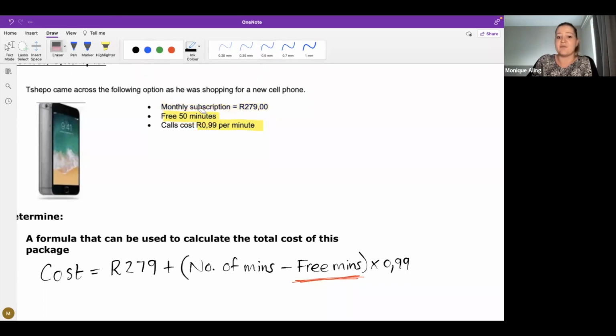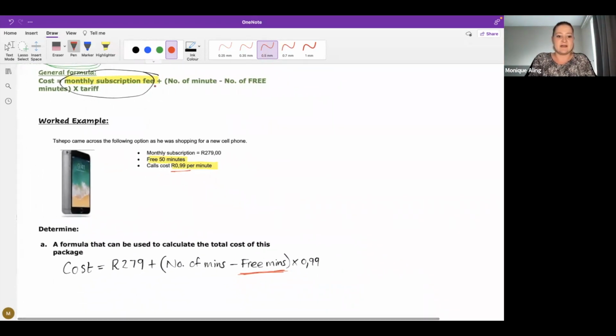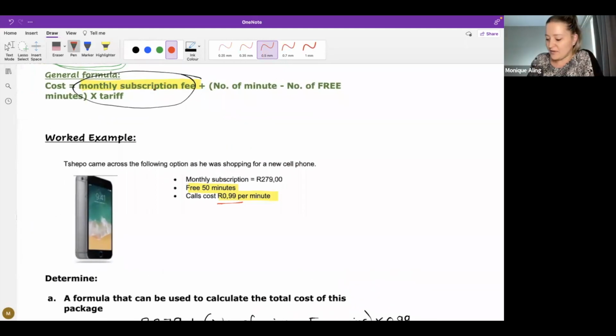It can change based on the question. In this specific instance, they said it's going to cost 99 cents. But in the general formula, we called it the tariff. We times by the tariff or the cost. So in our general formula, it's called the tariff, and in this particular question, the tariff was 99 cents.